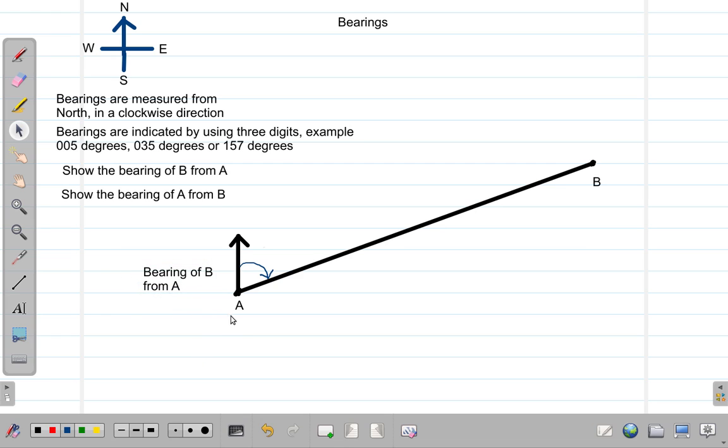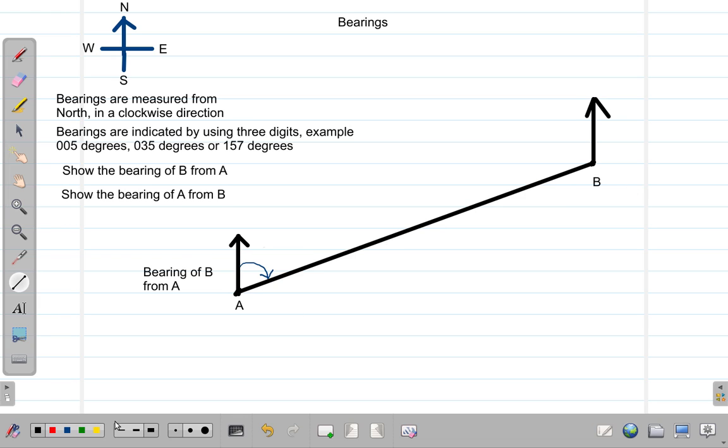From A means A is where you have the angle. Now, the bearing of A from B. When you say from B, it means that B is where you have your north line. So you indicate your north line at B. Alright?